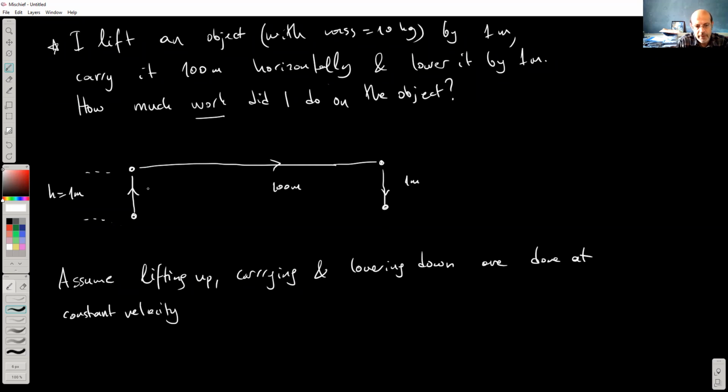Okay, so it's basically these parts of the motion. So let me use a yellow color for that. So that's the first part, that's the second part, and that's the third part.